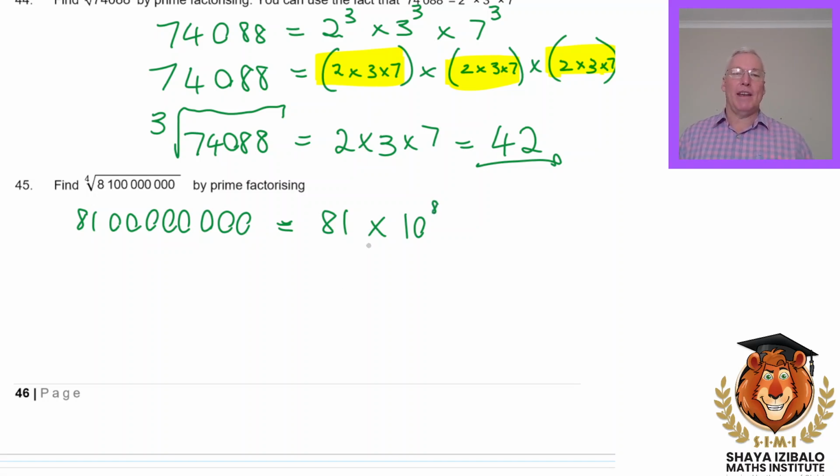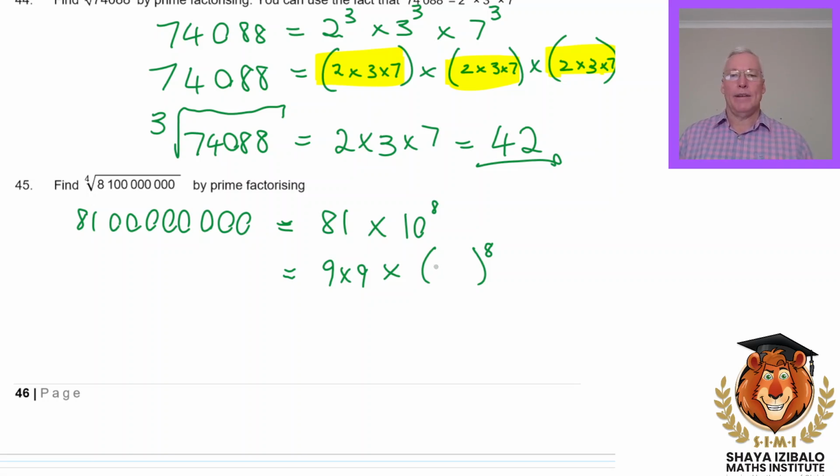Now, don't be scared, because we're going to now try and prime factorize this. Remember that 81 is 9 times 9. Okay, 9 is not prime, but we can fix that now. What about 10 to the 8? Well, that means that I'm going to have 8 brackets, and each one is going to have a 10 in.